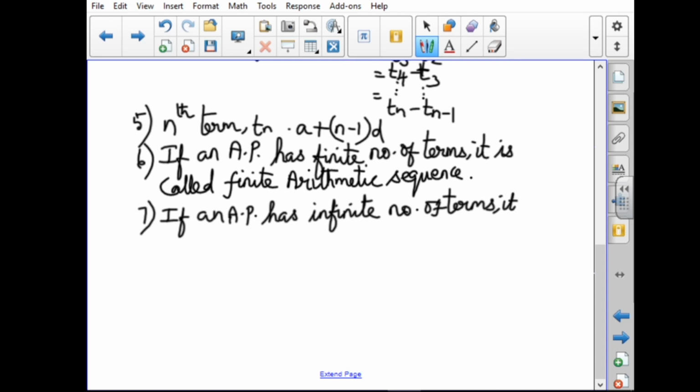It is called an infinite arithmetic sequence, or infinite AP. The arithmetic sequence is called AP, arithmetic progression.